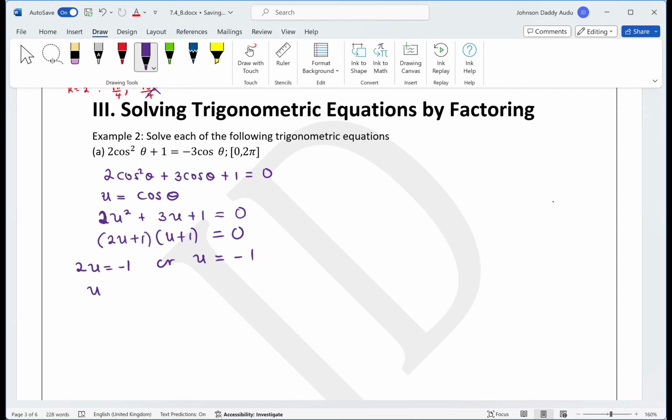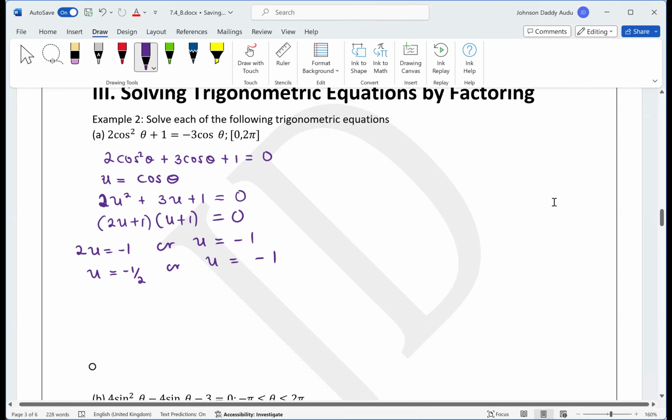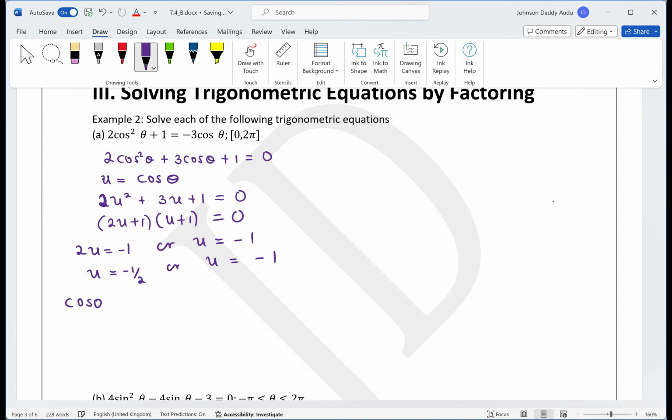And this means that u equals minus half, or u equals minus 1. All right, now from this, what can we see? If you bring back u, we have that cosine theta is minus half, or cosine theta is just minus 1. All right, so let's deal with the situation where we have just minus 1 here.